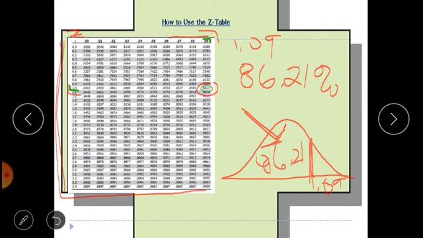Okay, so, para makita natin ulit, so, hindi pa yan nagtatapos, okay? So, para makita natin yung area to the right. Okay, so ito yung ating area left ng ating z-score, no? So, nakita na natin kung paano kunin using our z-table.